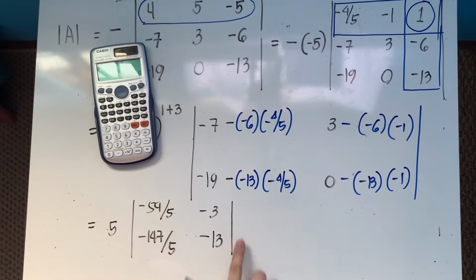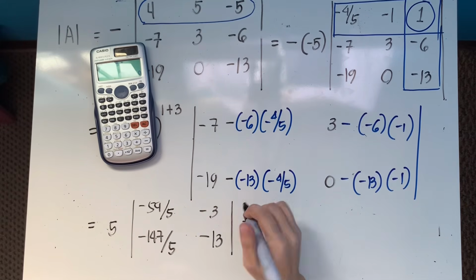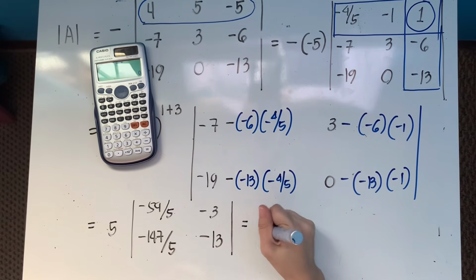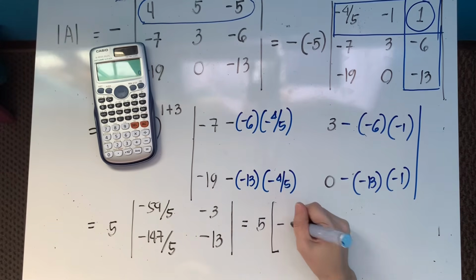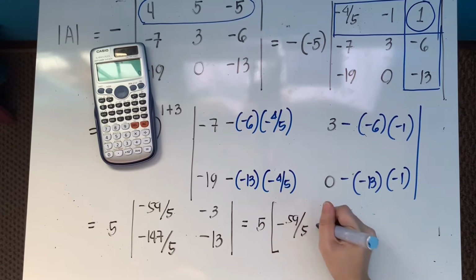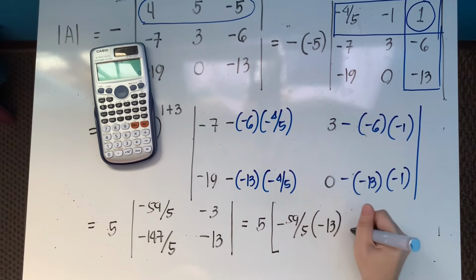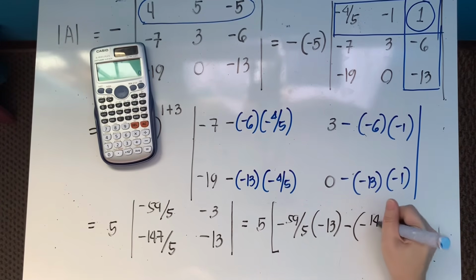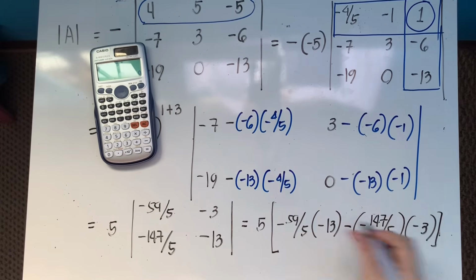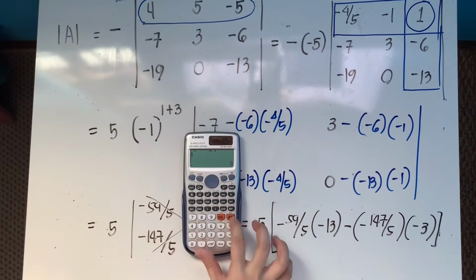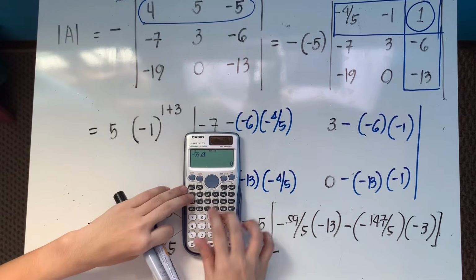After this, alam ko na mag-pivotal pa tayo, diba? Let's use Leibniz formula for this. So 5 times negative 59 over 5 times negative 13 minus negative 147 over 5 times negative 3. So, yung downward and upward diagonals natin, let's type that in our calculator.